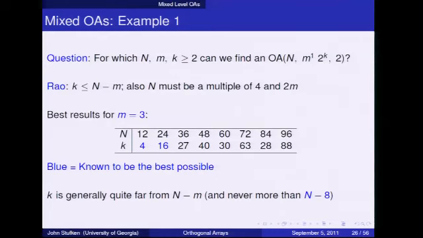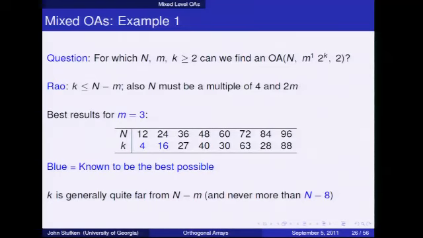Well, it turns out if the number of runs is equal to 12, then the best you can do for k is 4, which is far off of the bound given by Rao inequalities, which is n minus m, so it's 12 minus 3, it would be 9. You can't do better than 4, it turns out. And it's in blue because it's known that you really cannot do better. You cannot have 5 two-level factors in such an array.